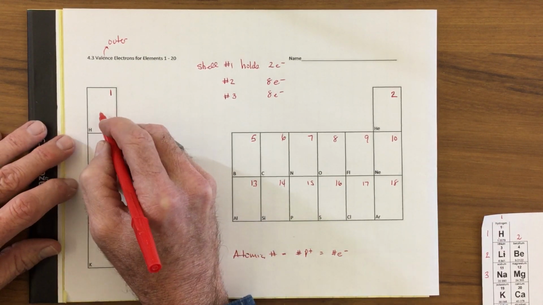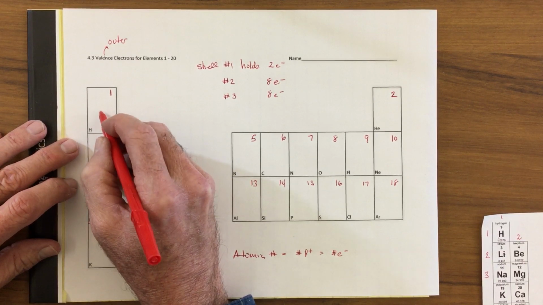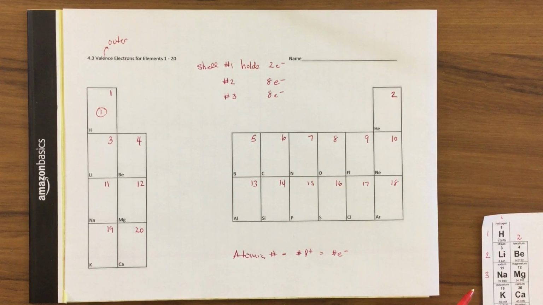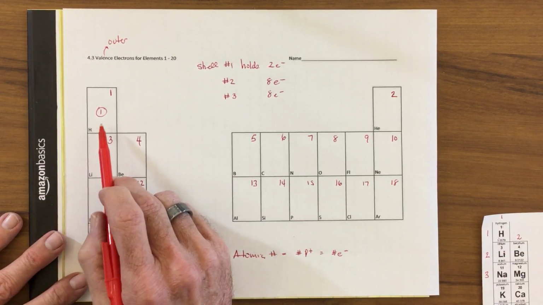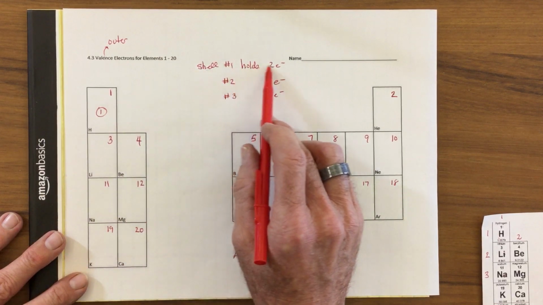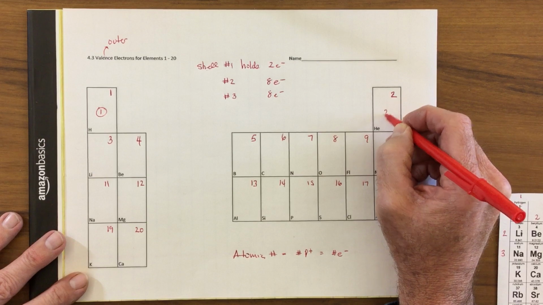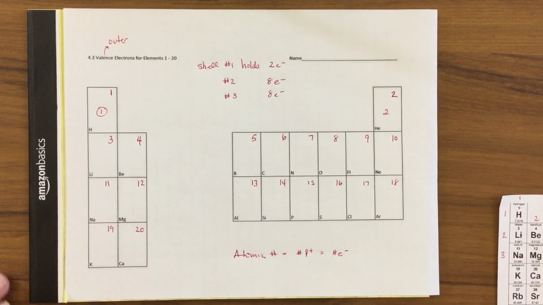So hydrogen has 1 electron, and therefore it's just going to simply have 1 in its outer shell. How many can the first shell hold? The first shell holds up to 2 electrons. So that means helium has 2 electrons in its outer shell.